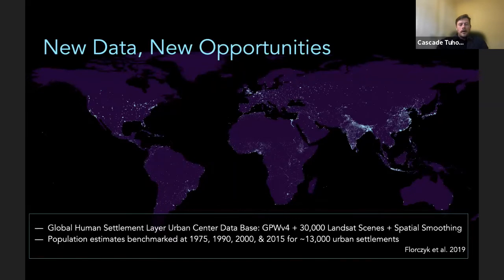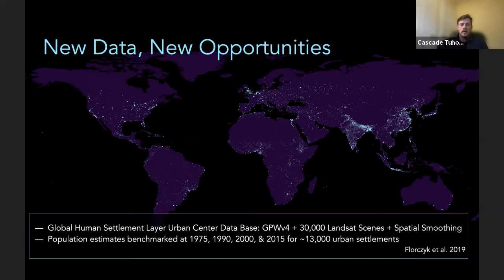I am thankful for Kit because he presented the Global Human Settlement Layer. There's also another auxiliary product where they basically take those population rasters and the settlement classification rasters, and they use a smoothing algorithm to isolate actual urban settlement polygons.